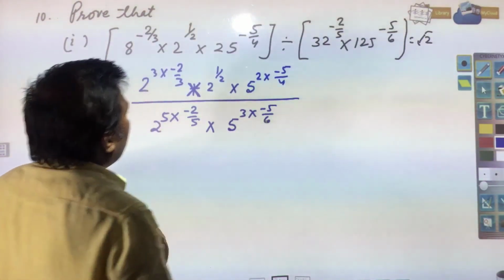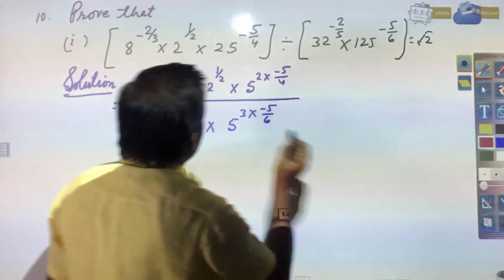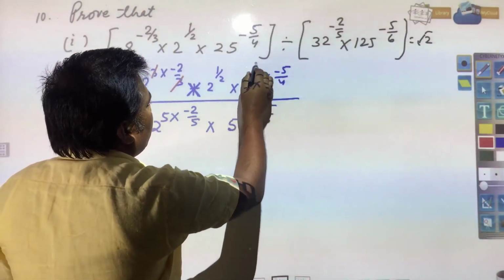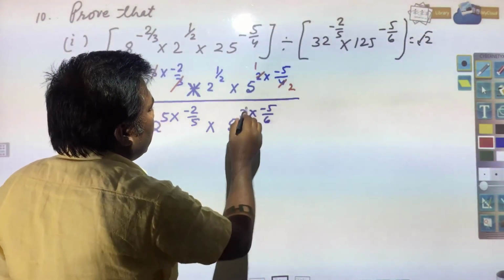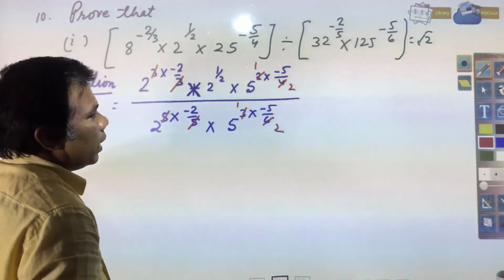Now you see which can be cancelled. 3 and 3 will be cancelled. 2 1s are 2, 2 2s are 4, 3 1s are 3, 3 2s are 6, 5 and 5 got cancelled.